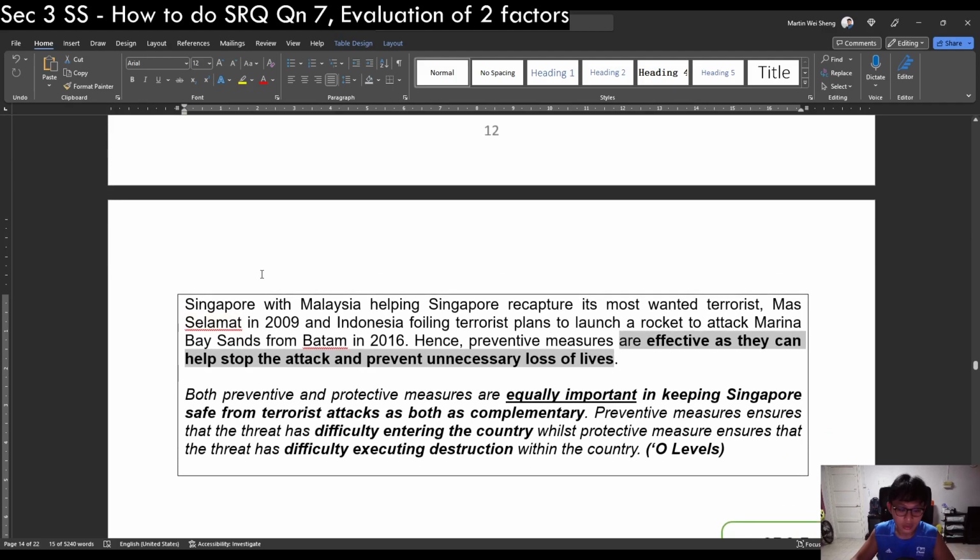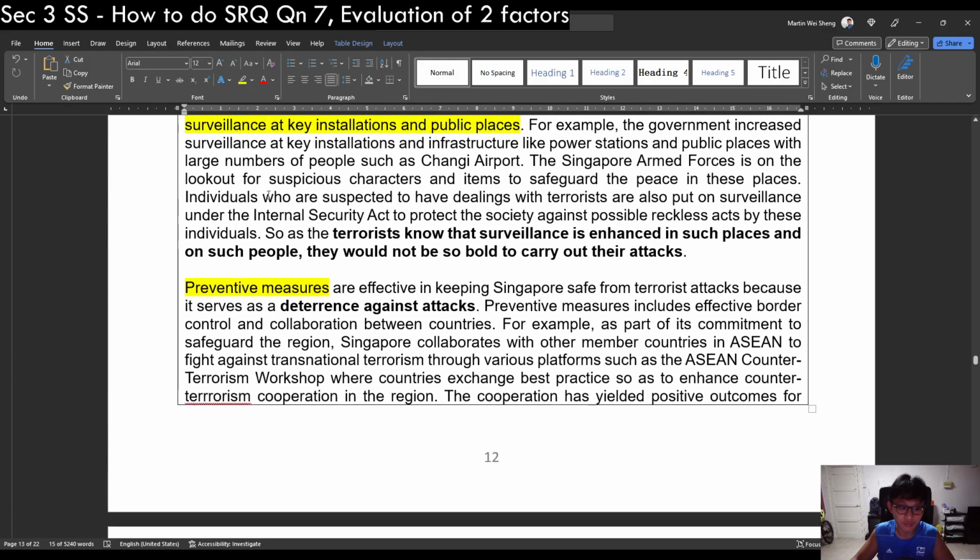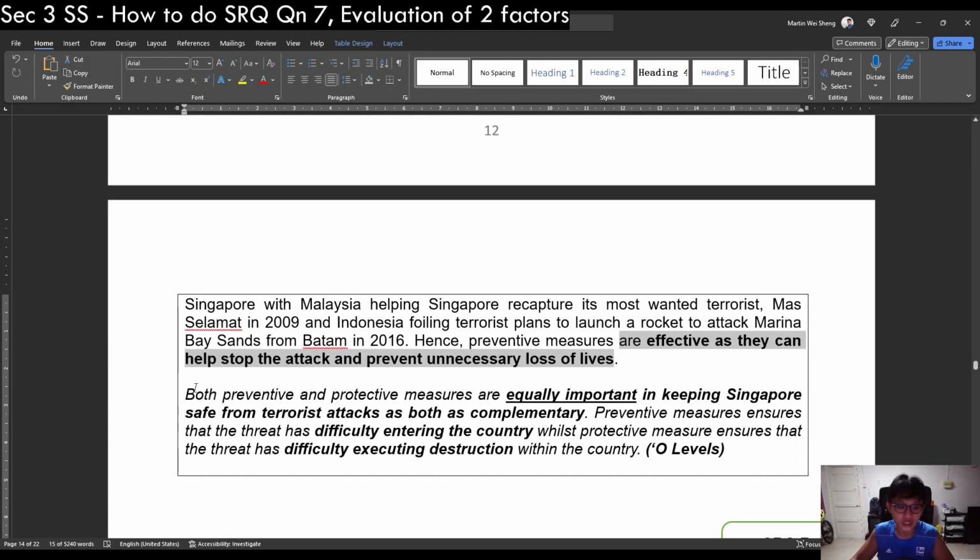Okay, so after I talk about both factors and explain what they are about, the final paragraph, which would be the shortest paragraph of all, is actually to tell us how effective each of these measures is. So remember, this is still an evaluative question. So how effective are both the measures?